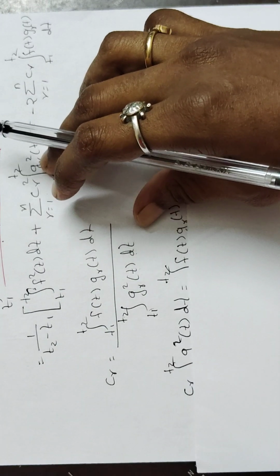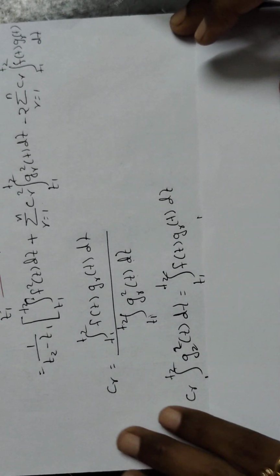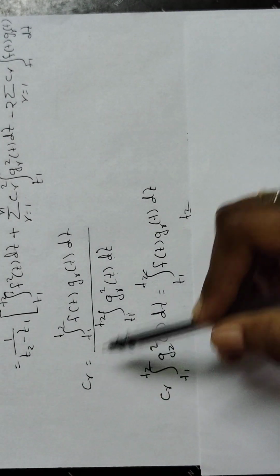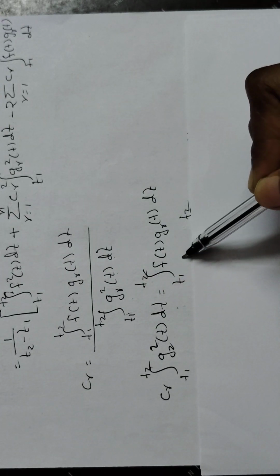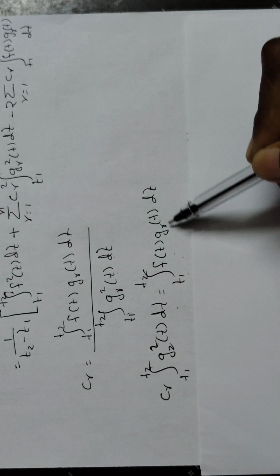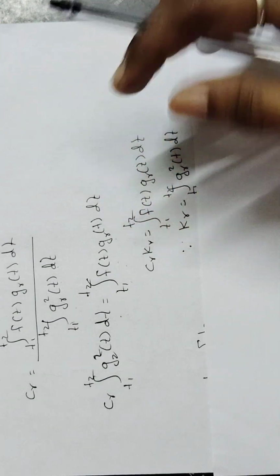Now if you look here, cr multiplied with integral of gr square of t into dt is equal to integral t1 to t2 f of t gr of t into dt.